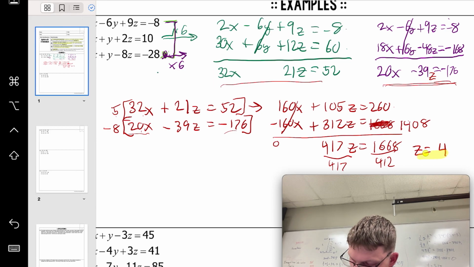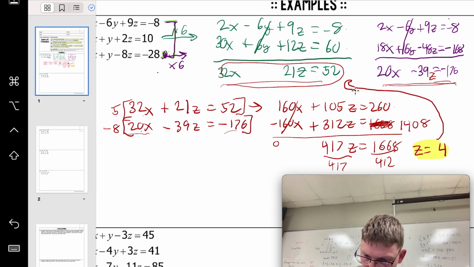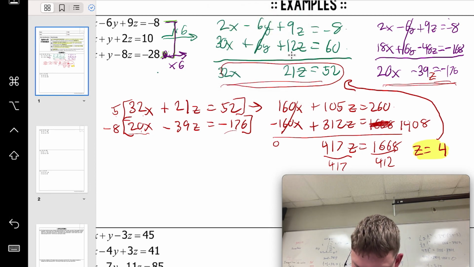Okay, now that we have that z equals 4, we can use that in any one of our other equations to solve for a different variable. So we can, let's say, plug it into this equation. So I'm going to draw a little line there so that we know. And I guess it is time to switch colors.